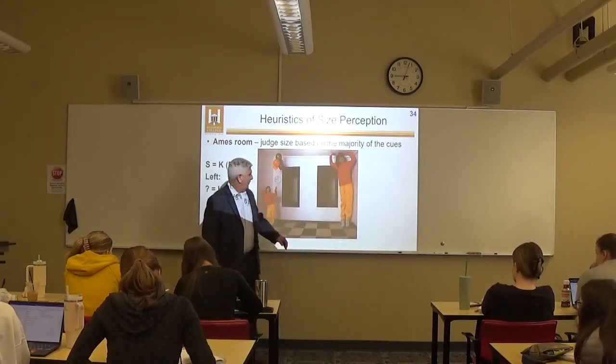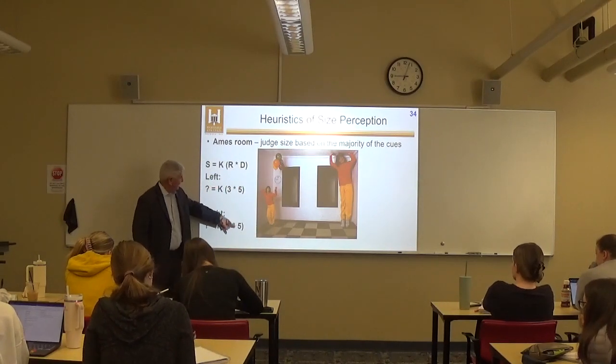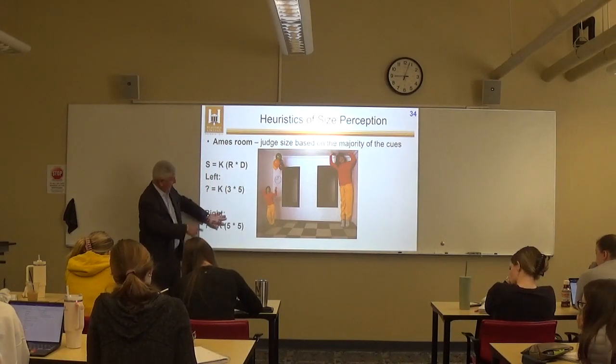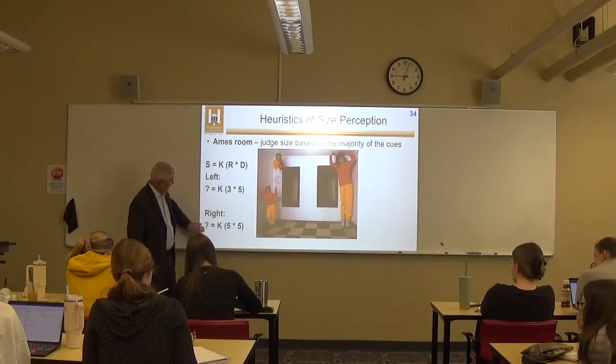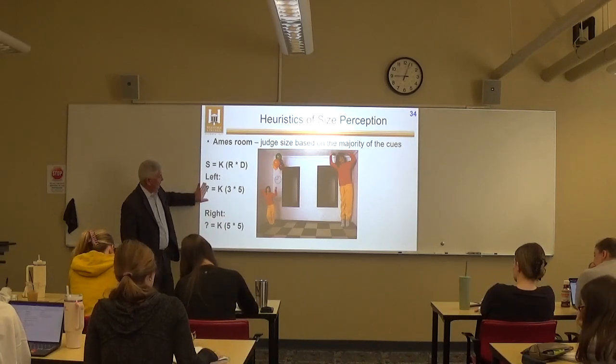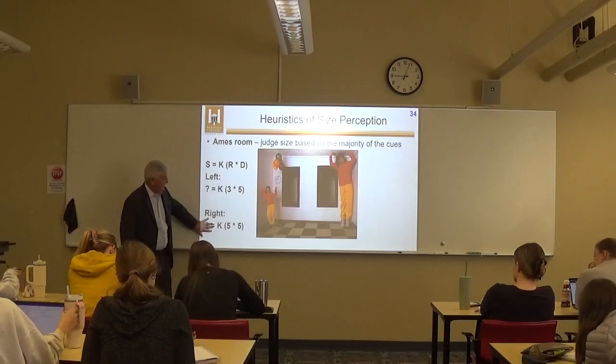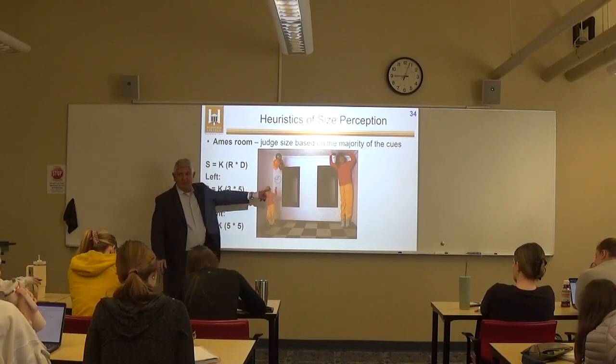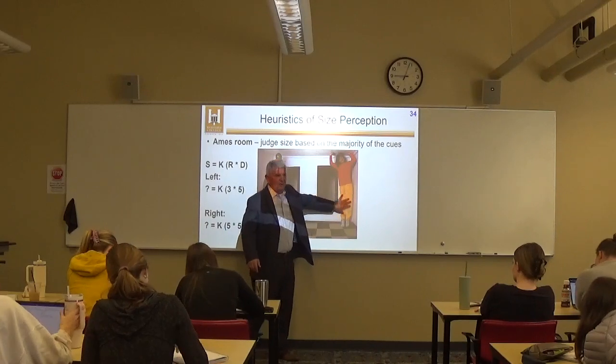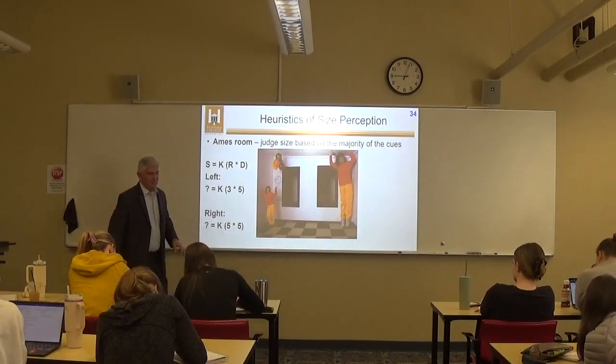So if depth doesn't change, but the retinal image does, then our perceived image becomes 15 for this, 25 for that, which is why this person looks so much bigger to us than this person.